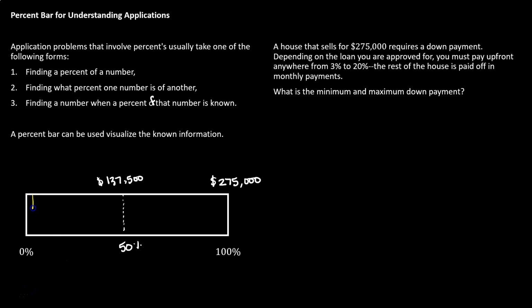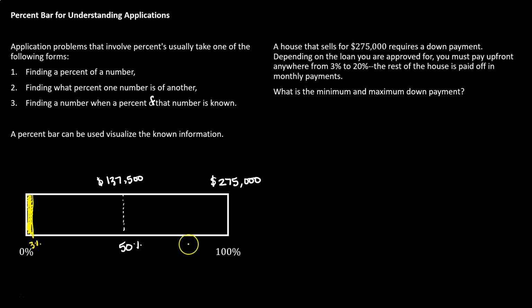3% is going to be like down here. So I want to know how much is 3% of that $275,000. So if I made my cuts this tiny, like this little yellow section that we had, what is that value? 3%.